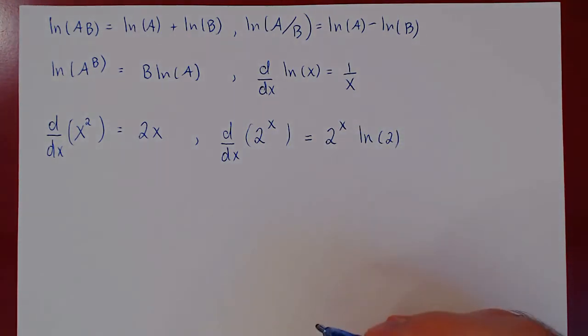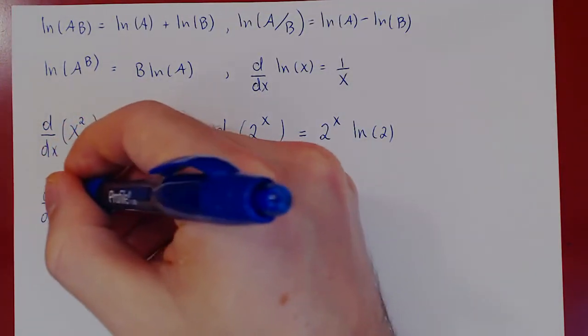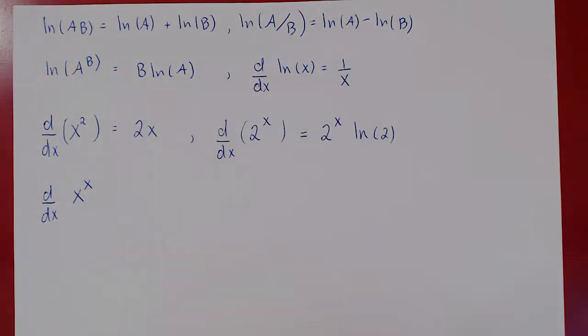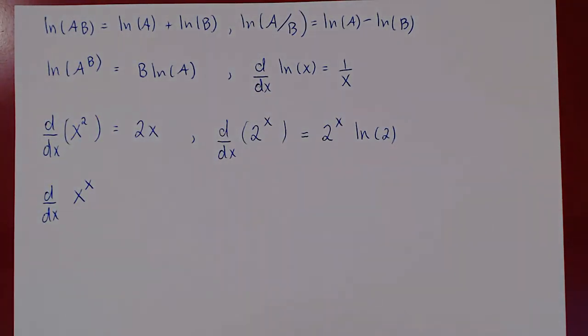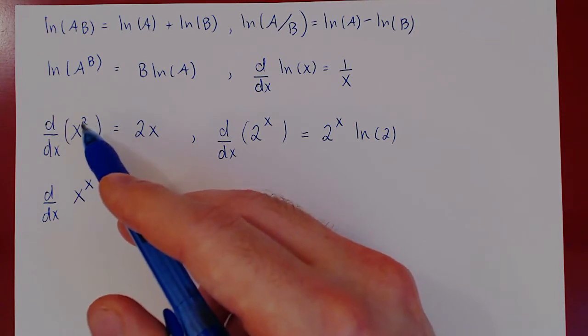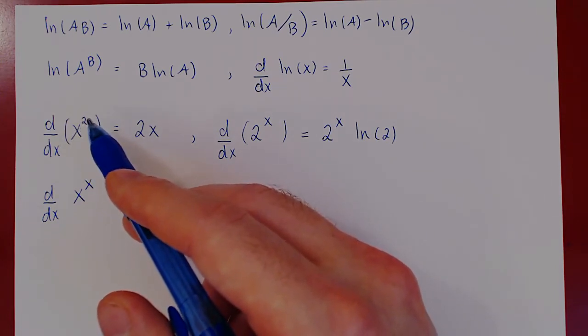What if we have the following example? What if we ask for the derivative of x to the power x? Can we find the derivative of this function with our usual rules of differentiation? Well, we cannot use the power rule because the power rule requires x to a fixed power.